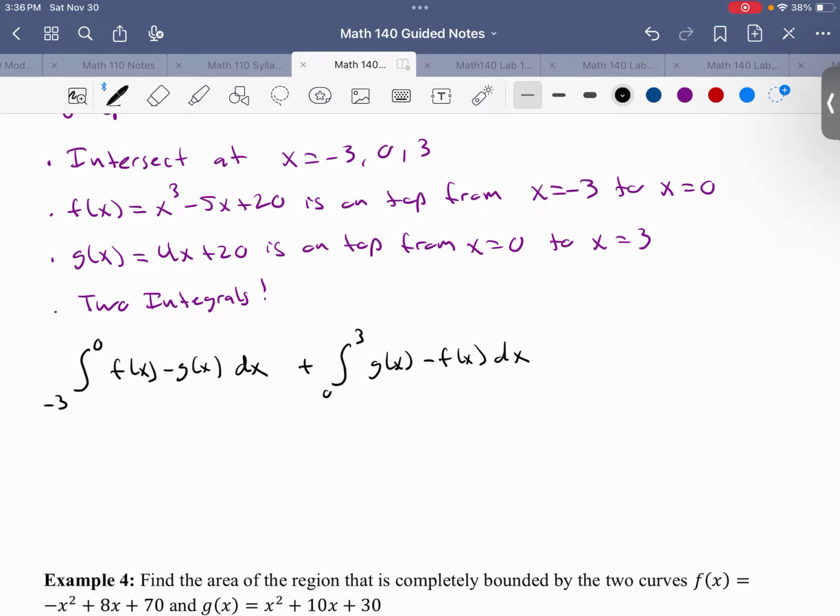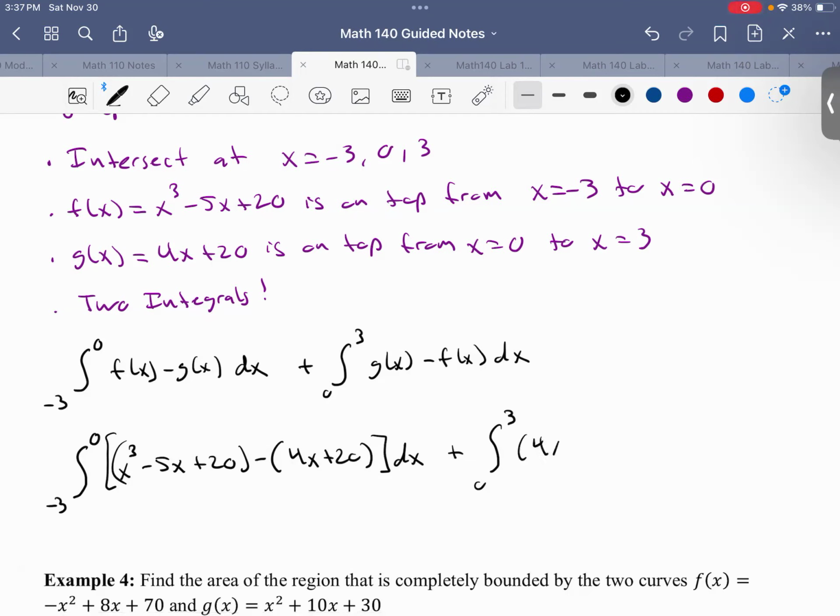If we plug in our functions, we have the integral from -3 to 0 of x cubed minus 5x plus 20 minus 4x plus 20 dx, plus the integral from 0 to 3. G of x is now on top, so it's switched: 4x plus 20 minus x cubed minus 5x plus 20 dx.